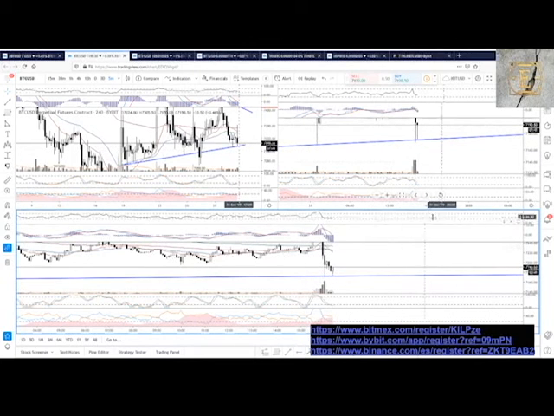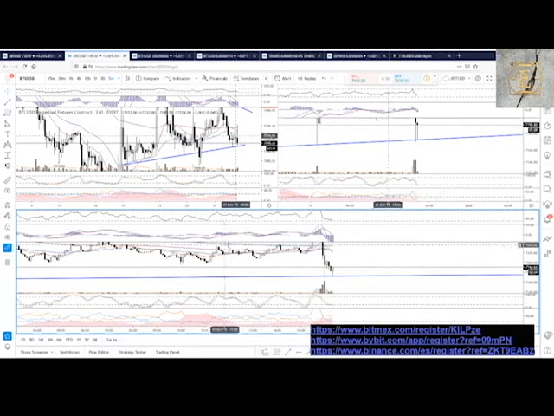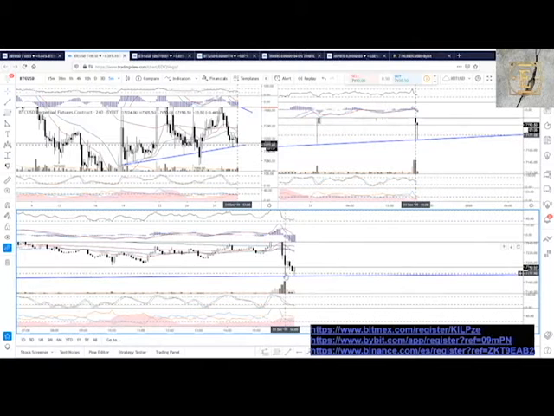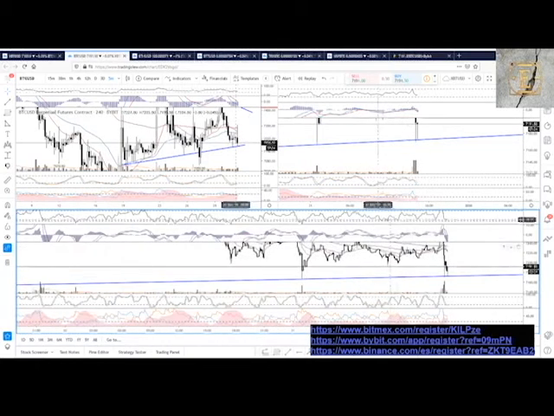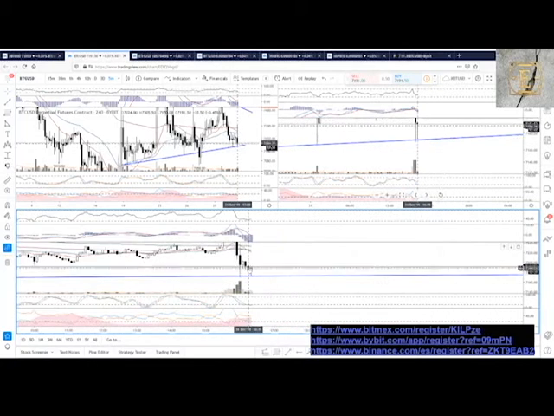Okay, so in this case, for example, another mistake. You see this and say, okay, this is a double bottom, this is oversold, whatever you want this to be, and you say, okay, I should long this. Careful, because look at this volume.